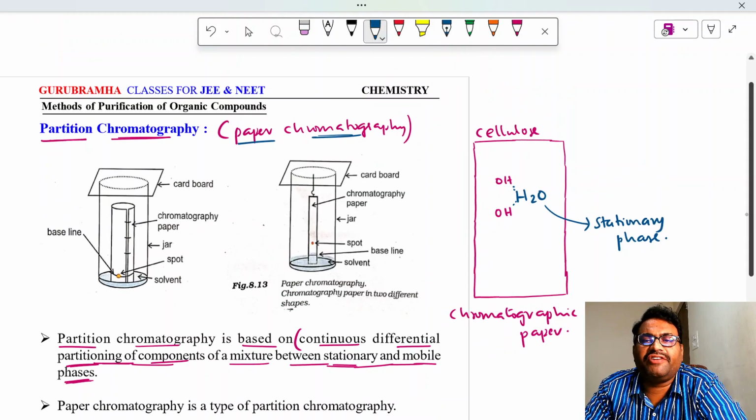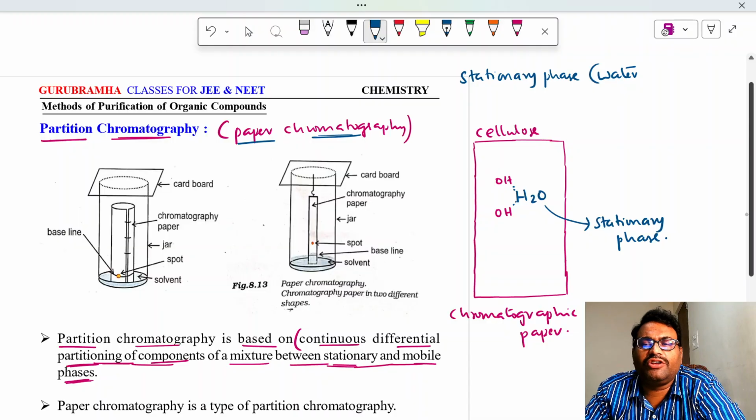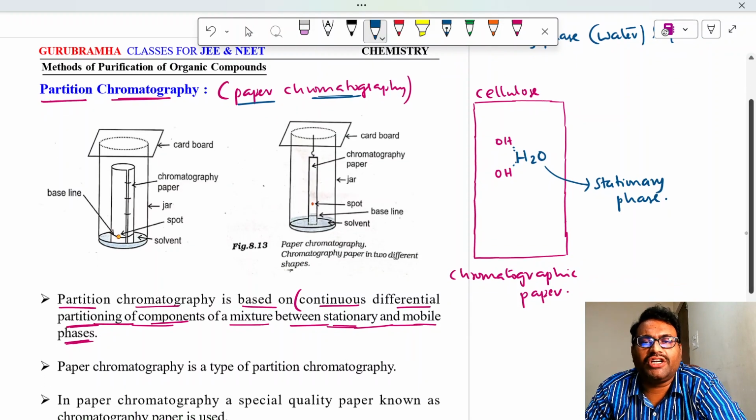In paper chromatography, the stationary phase is water trapped between cellulose molecules, which is a liquid. Are you getting this? The stationary phase is water.